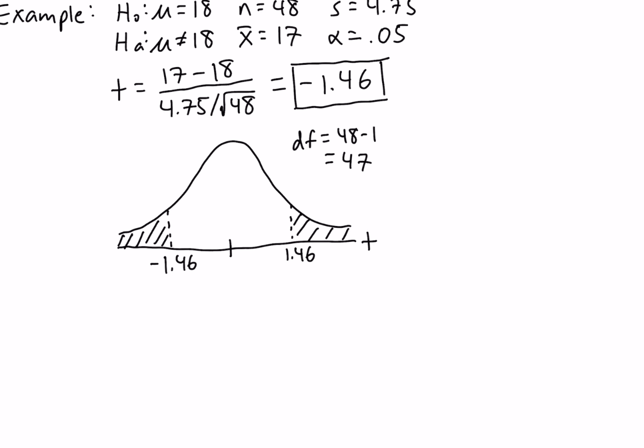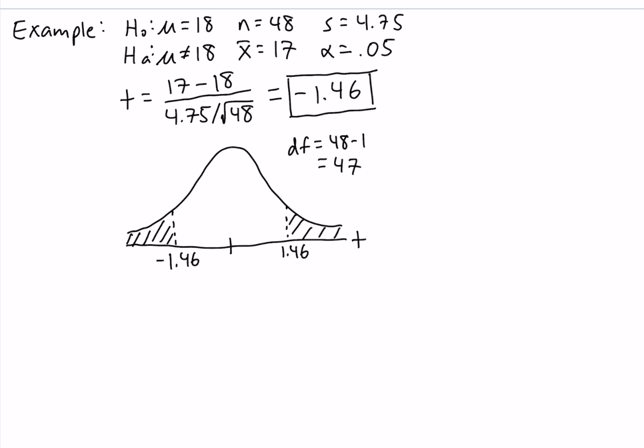So to get our p-value, we will double the area to the right of positive 1.46.